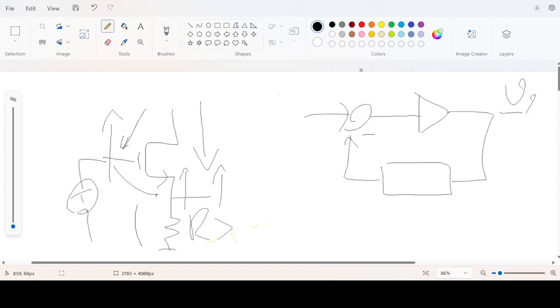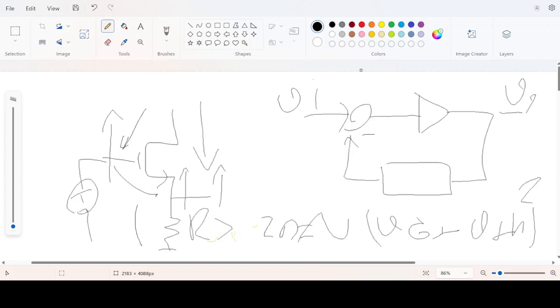We can write down the equation, even in a system where, as I defined, the relation between ID and gate source, let's put it like that, is quadratic, and you have only second order harmonic.